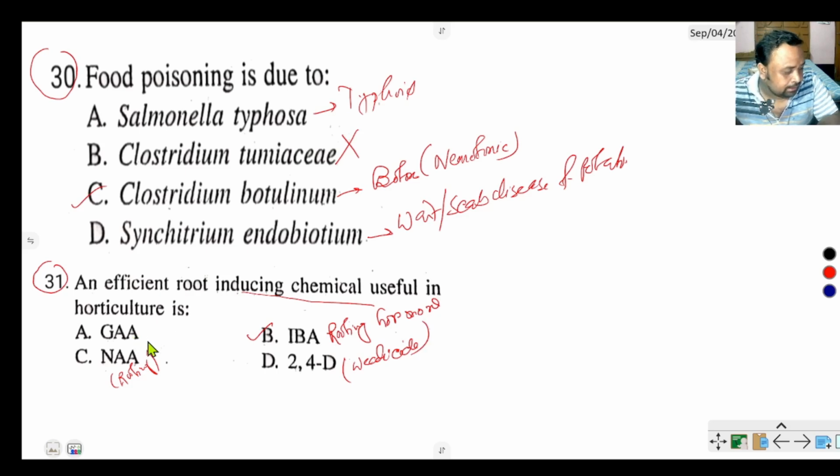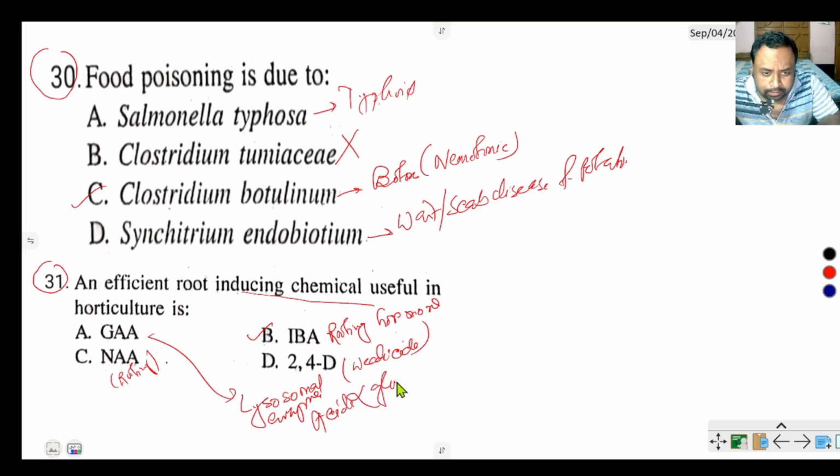GAA is acid alpha glucosidase. GAA is a lysosomal enzyme. This enzyme converts glycogen into glucose in the lysosome.